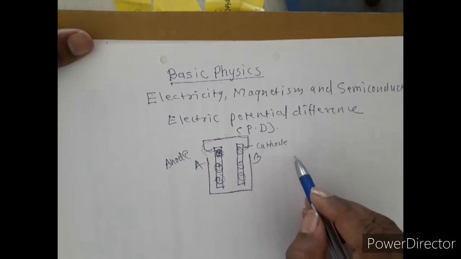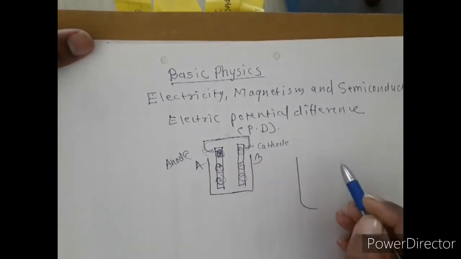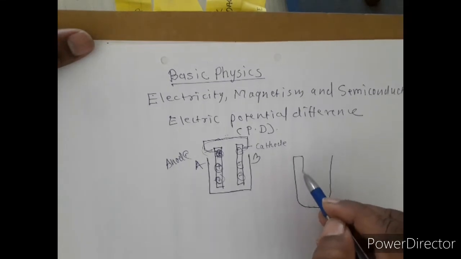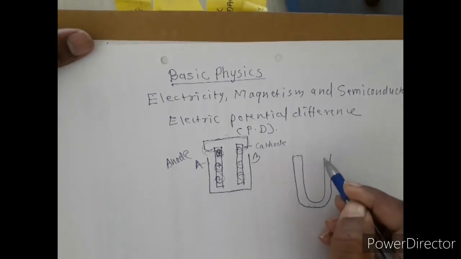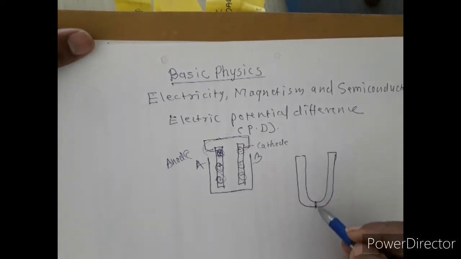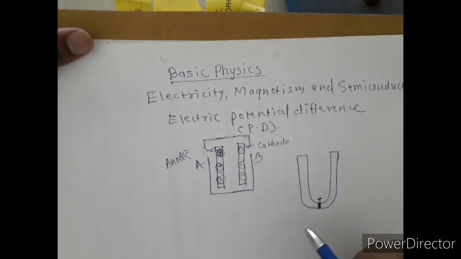To explain, I would like to draw a figure here. Suppose this is a U-shaped tube and here is a permeable membrane or a tap.